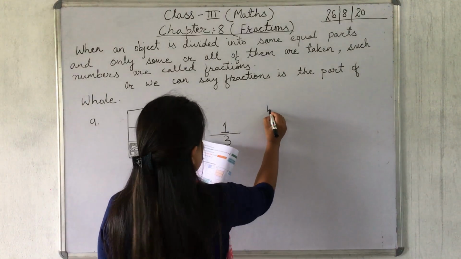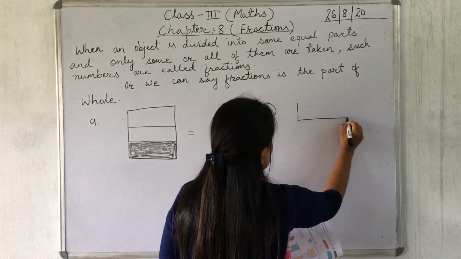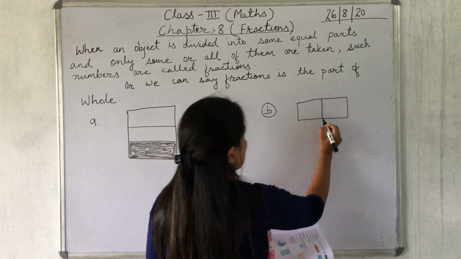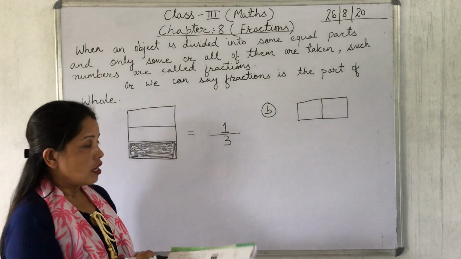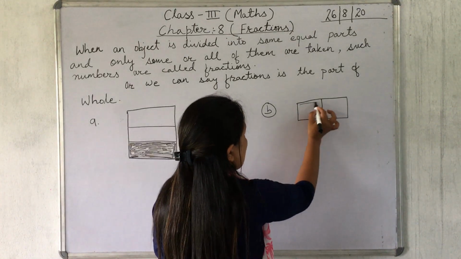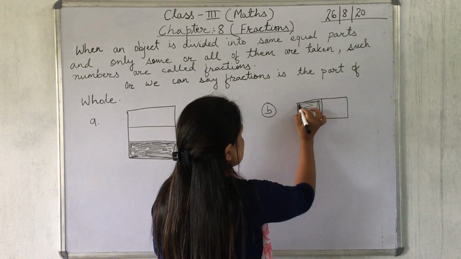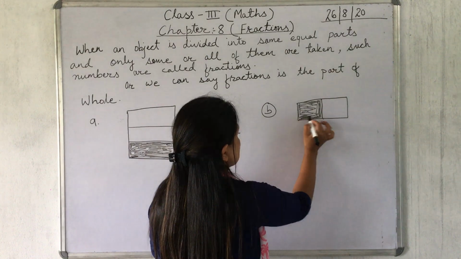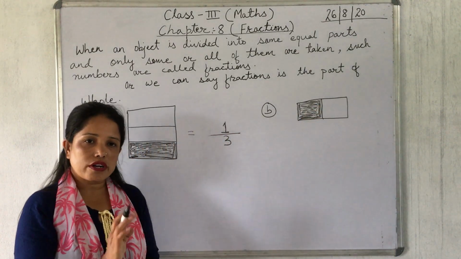Number B. Now in this figure, 2 parts are equally divided. Okay? So here one part is shaded. Understood? One part is shaded or colored.